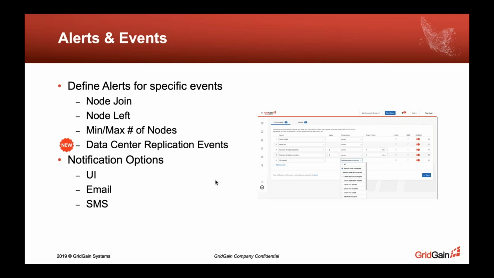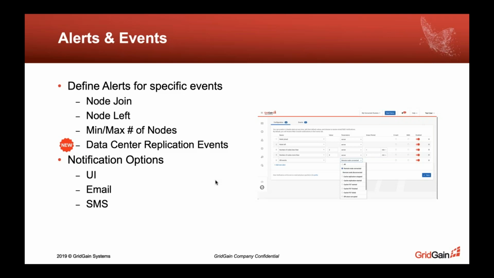I have some specific slides where we'll talk about data center replication. But what we were finding is that customers using data center replication wanted more details about the events that are happening as the data is being replicated from one location to the next.